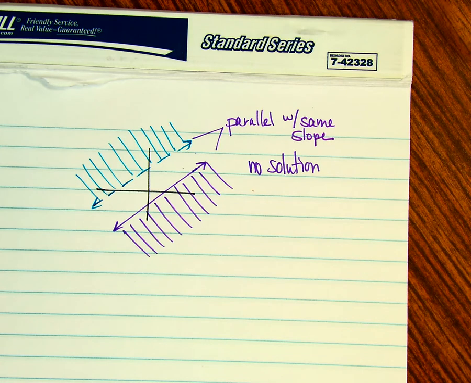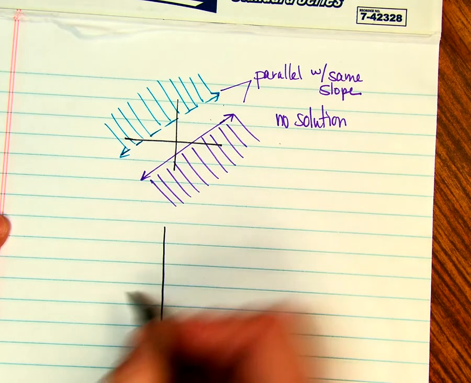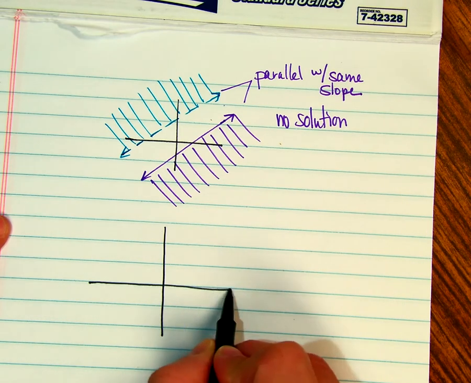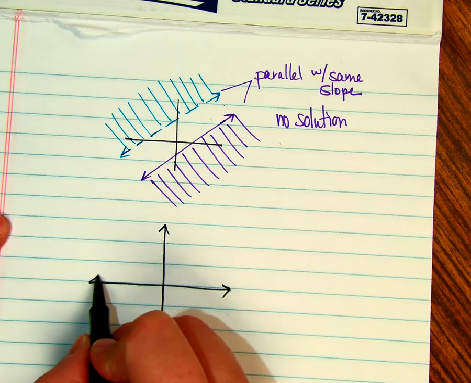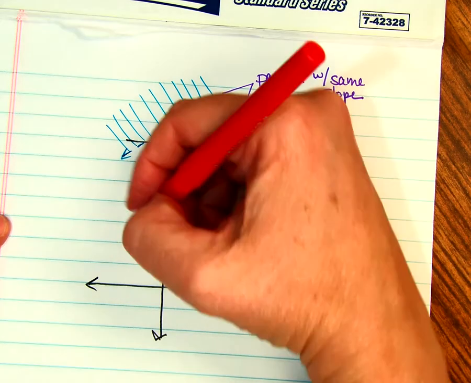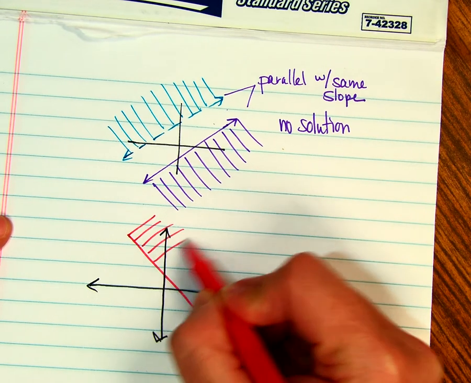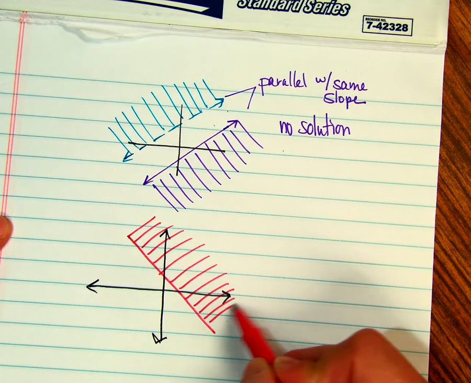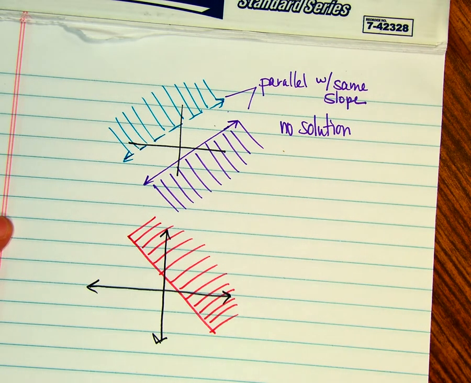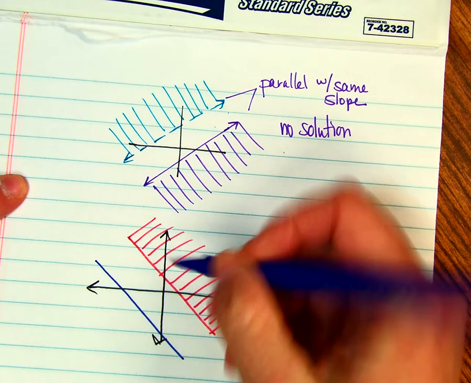Okay, you might also have the situation where, let's say you have a line zipping through here. And you have another line that's parallel to it.